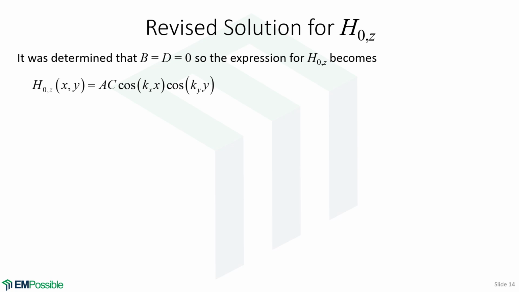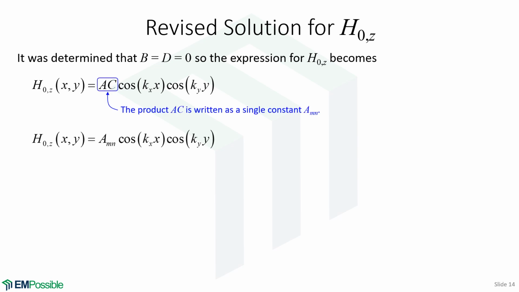So here's our revised solution now for H naught z. We found that b and d are both 0. That means the general expression for H naught z just becomes this, looking pretty simple. And our two constants, a and c, we were never able to find. However, a times c, if those are just two unknown constants, becomes just one unknown constant.